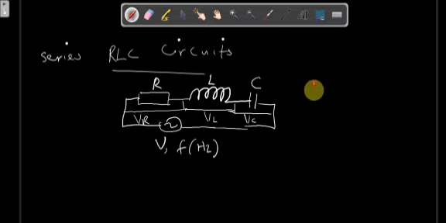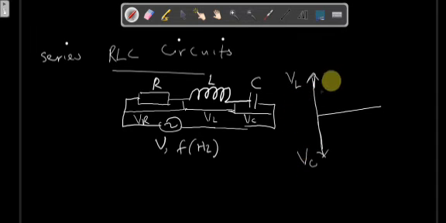For the inductor, remember, the voltage leads the current, so VL will be on this side. For the capacitor, the voltage lags the current, so this is going to be VC. For a pure resistive circuit, the voltage is in phase with the current, so VR will be on this side.